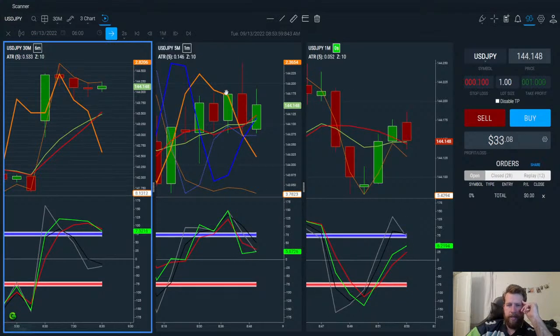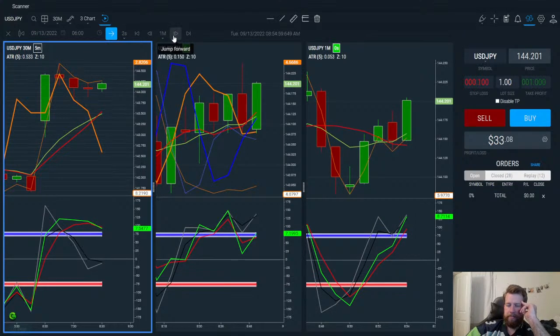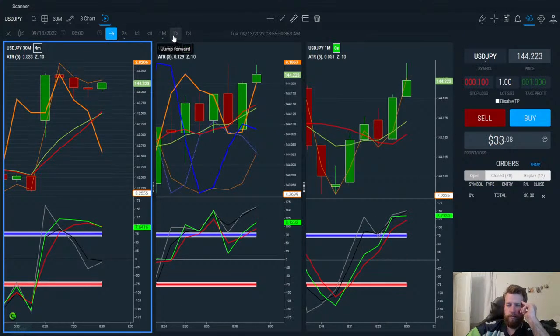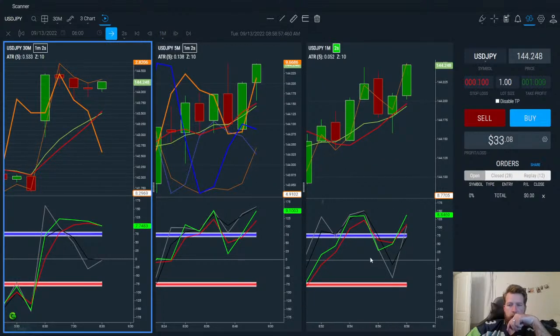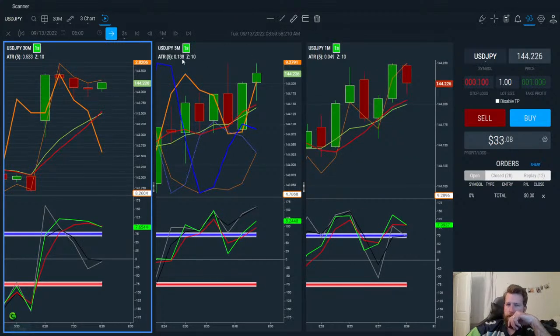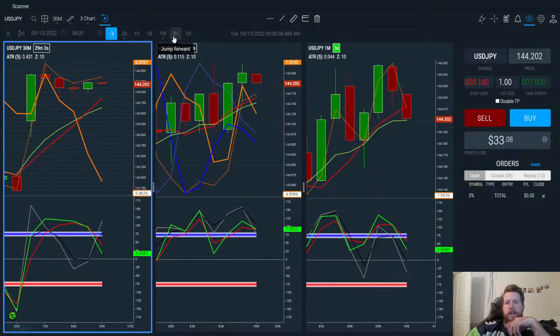I mean, we're just kind of stuck in this range. Okay, we closed above. No, we didn't close actually. Gray dagger, but still kind of in this ugly range. And we are at 9 o'clock.